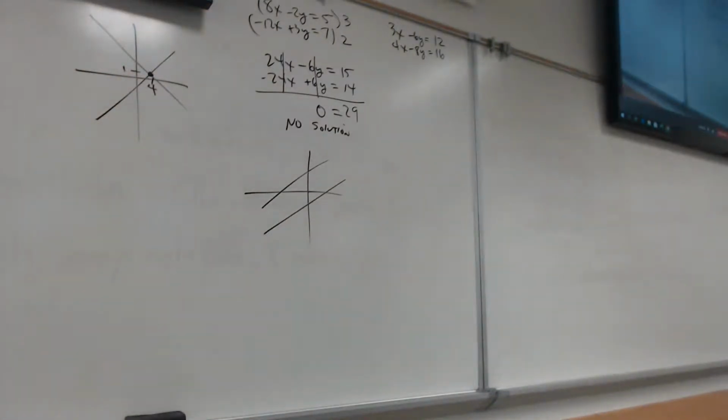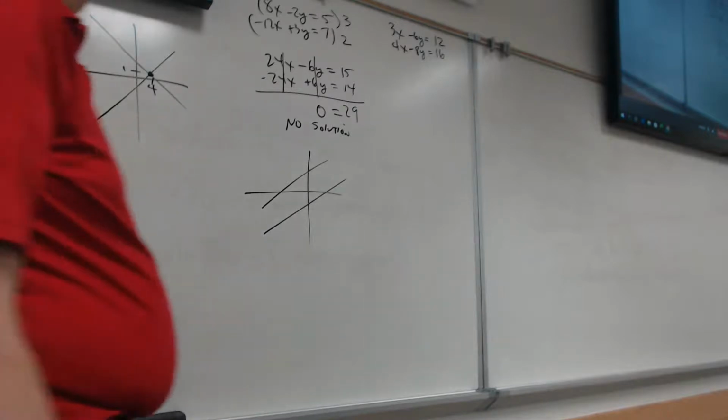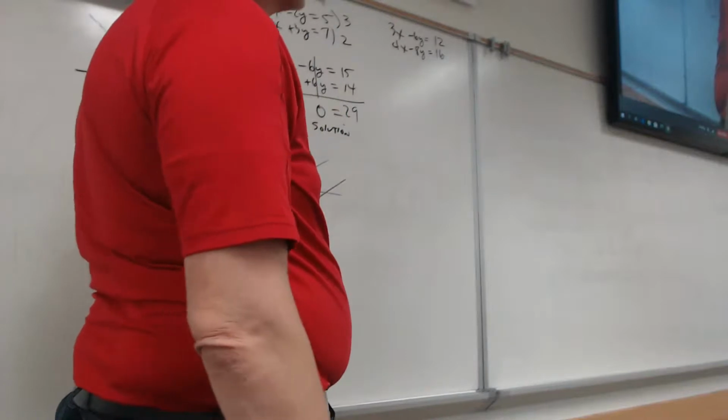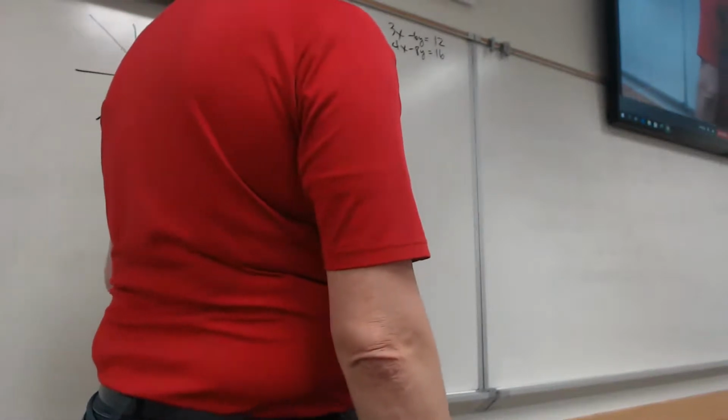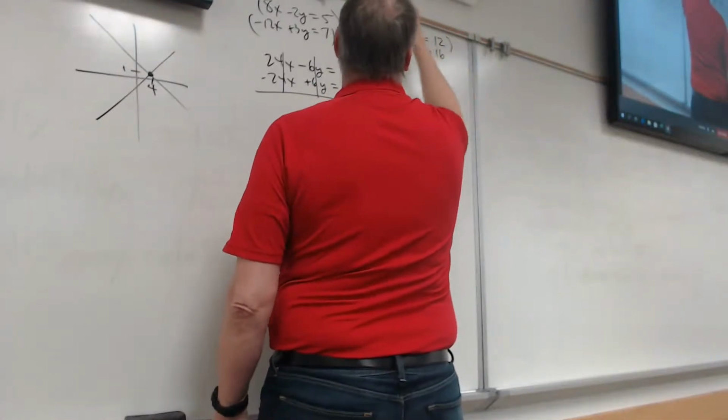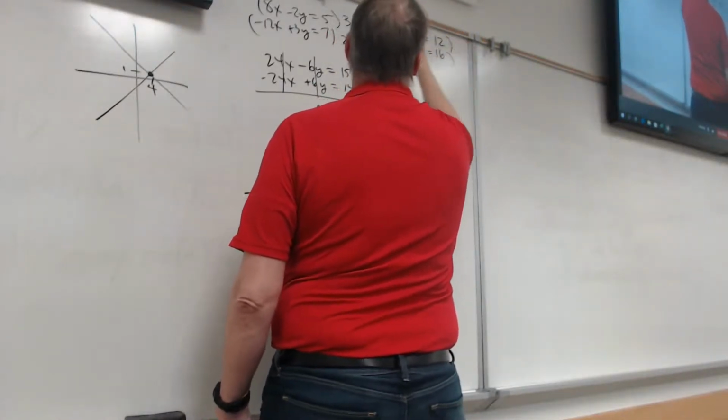How would you solve that one, Bailey? It must be your turn. Get rid of the x's first. Okay. So we're going to multiply the top by negative 4 and the bottom by 3.